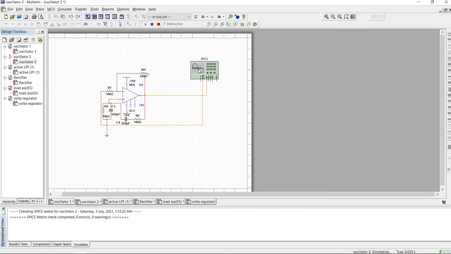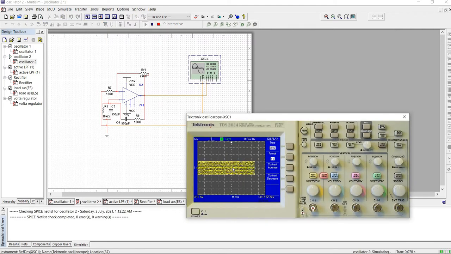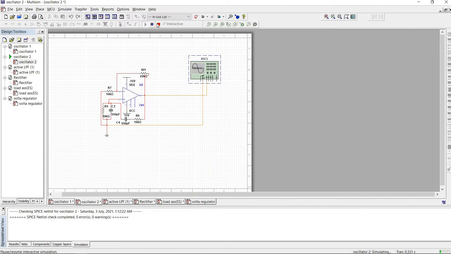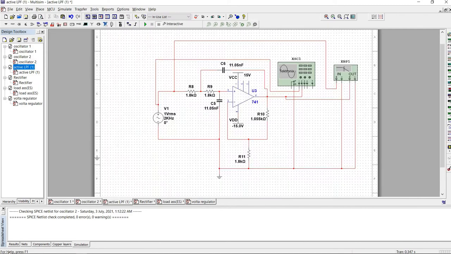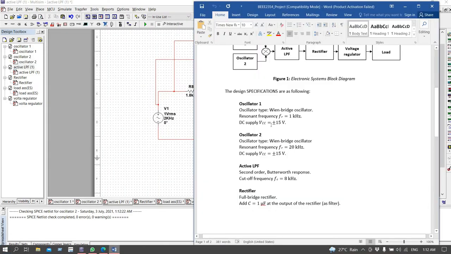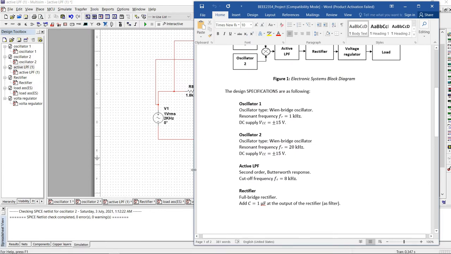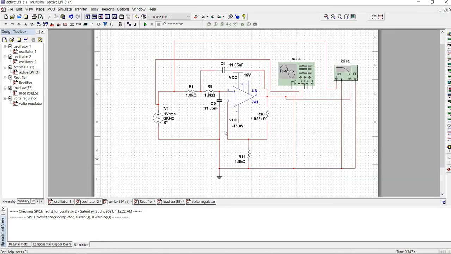So after I run, my frequency for the resistor is 20 kilohertz as I have assigned. As we continue to the active LPF, my cut-off frequency is 8 kilohertz.